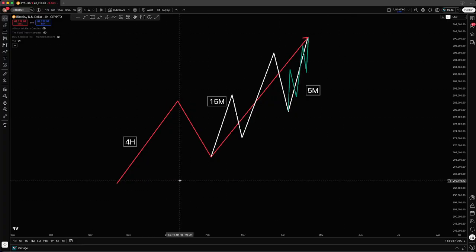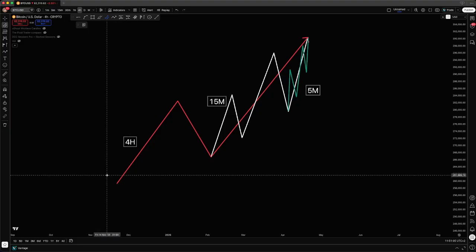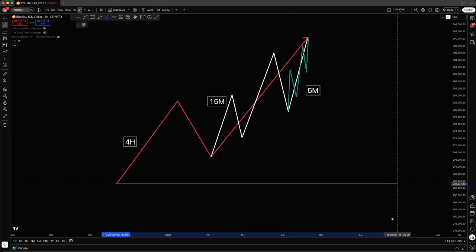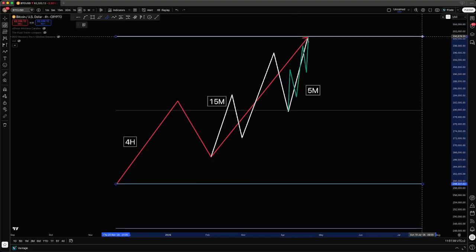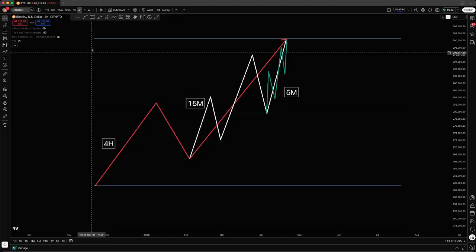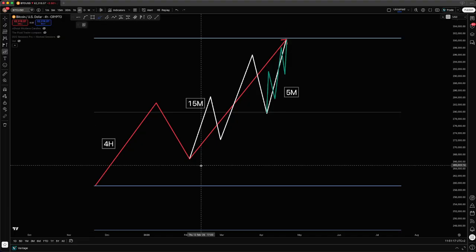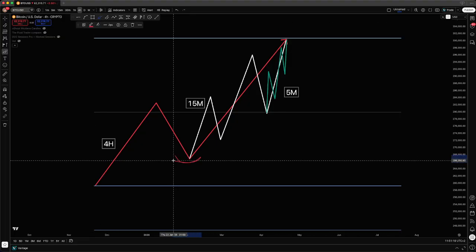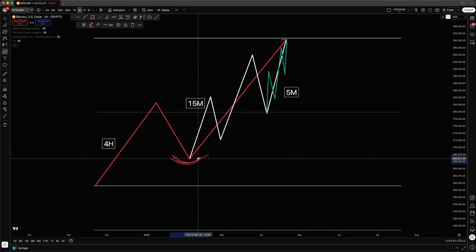So let me explain. It all depends on the time frame you want to be trading on, right? So if you are trading a range on the 4-hour chart, let's say this is the range like this, and this is the first leg of the range, and you want to find liquidity, you need to know what the primary bottoms are.